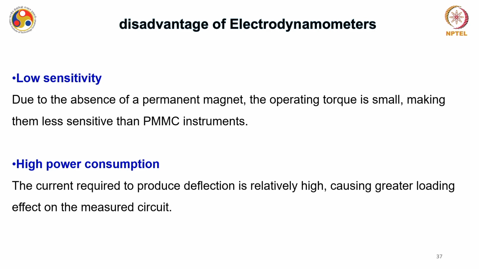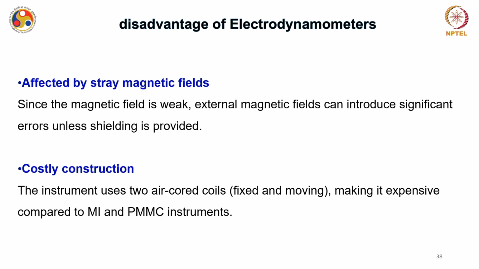Due to the absence of a permanent magnet, the operating torque is very small, and therefore electrodynamometers are less sensitive as compared to the PMMC instrument. Okay. They have high power consumption. The current required to produce deflection is relatively high as compared to other devices, causing a greater loading effect on the measured circuit. Okay.